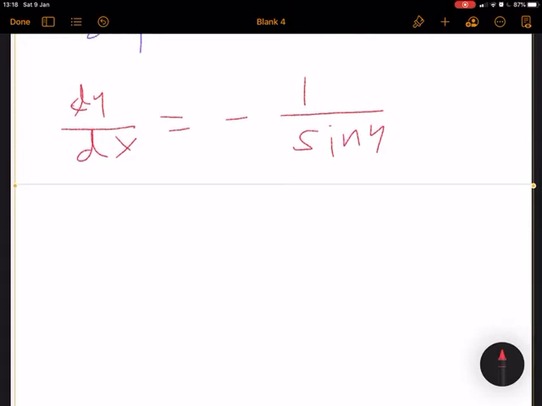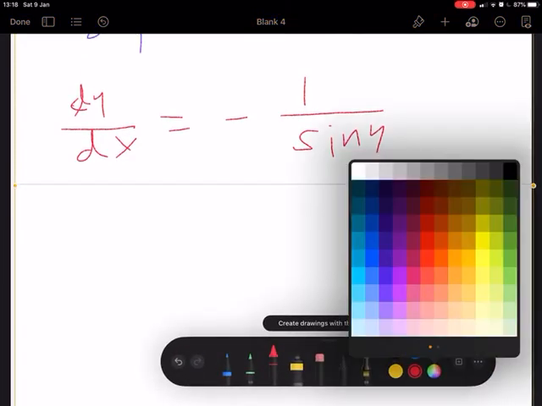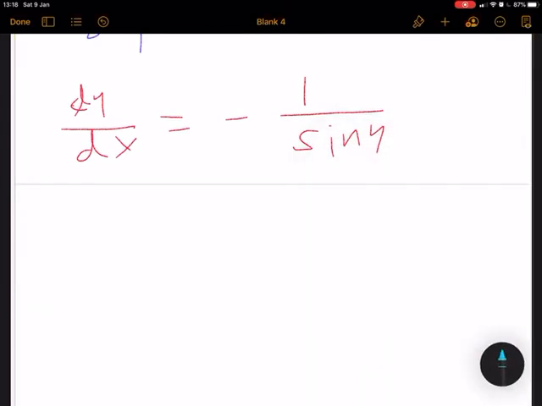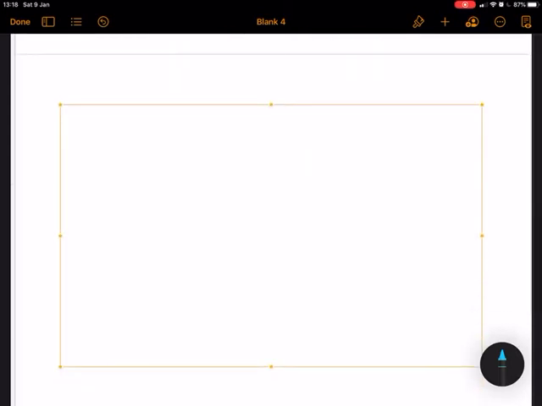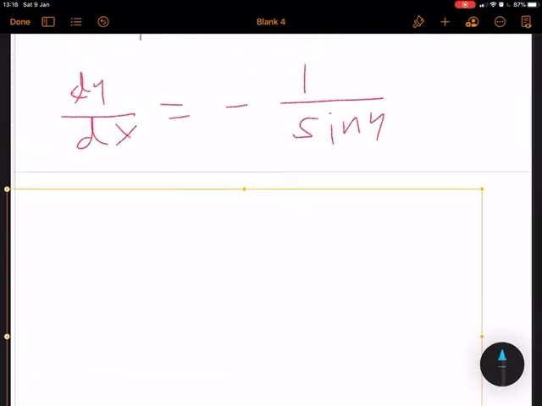And now what we'd like to do, it's almost a bit of a trick really, is to write that minus 1 over sine y as equaling minus 1 over the square root of 1 minus cos squared y.